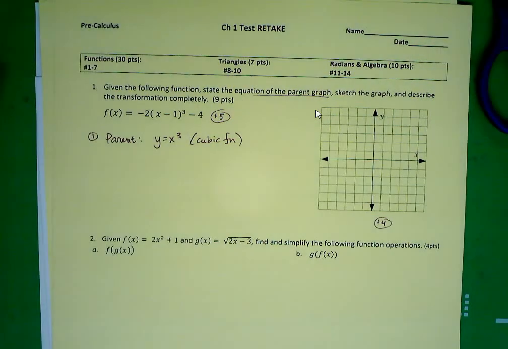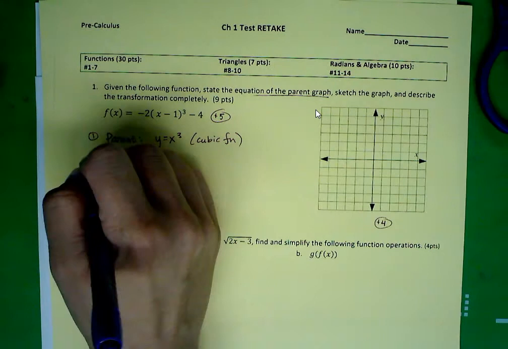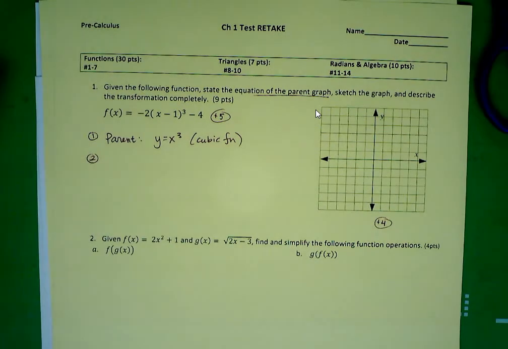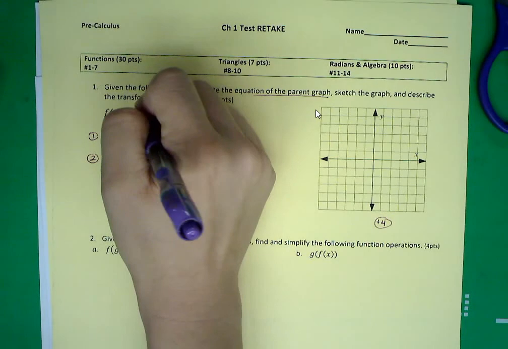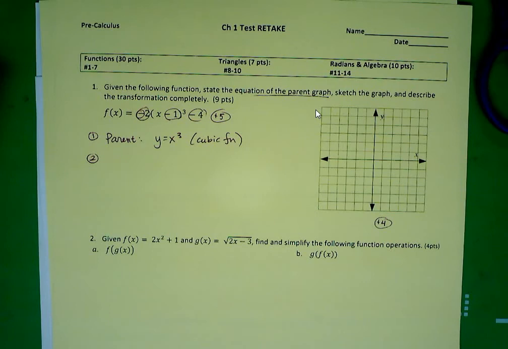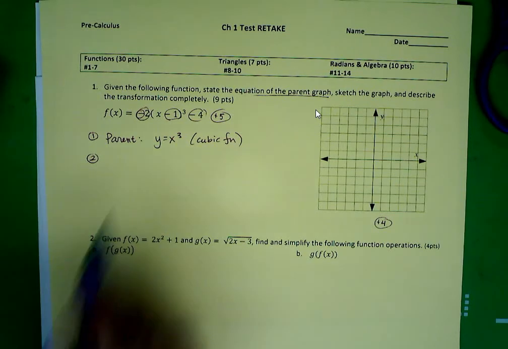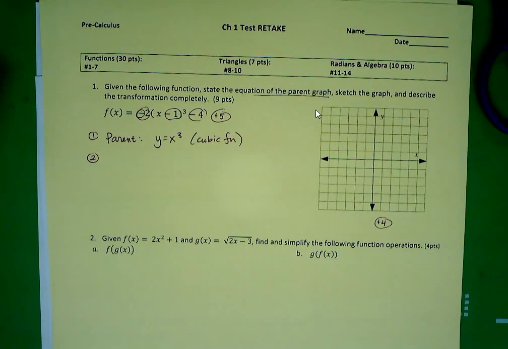And then sketch we'll do later. Describe the transformation completely. Okay, right here, right here, right here, and right here. But you know what I realized? I think that you guys aren't that clear on the proper order. So what's the order? When you're doing transformations, you do it in the same way as PEMDAS, okay? According to PEMDAS, you do the parentheses first.